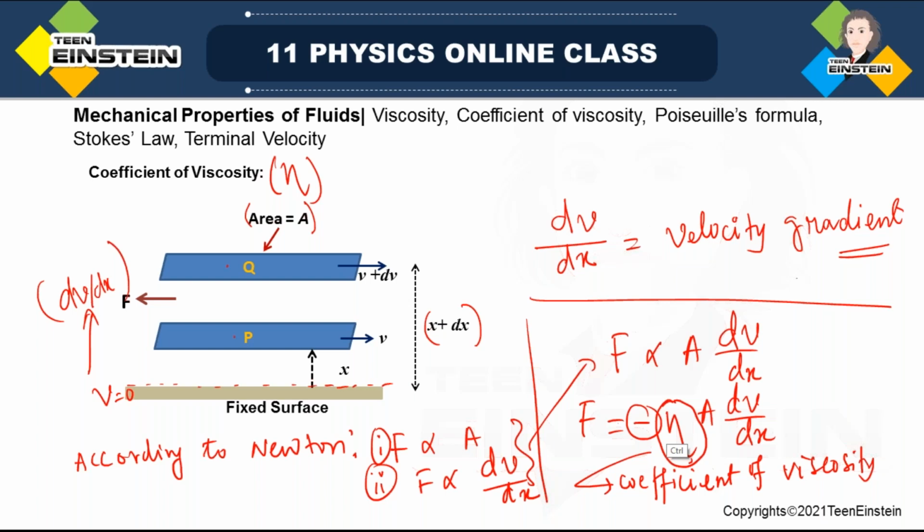This minus sign indicates that the viscous drag is in the opposite direction of the motion of the liquid. And this eta is called the coefficient of viscosity. It gives you the nature and strength of the viscosity, and just by knowing this, we can guess about the liquid or fluid.